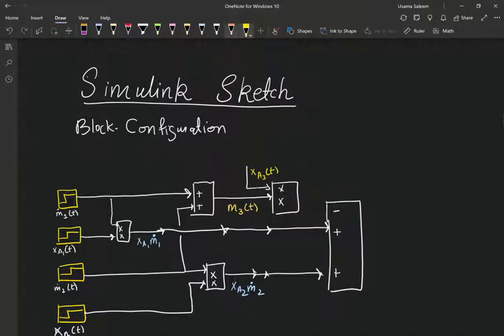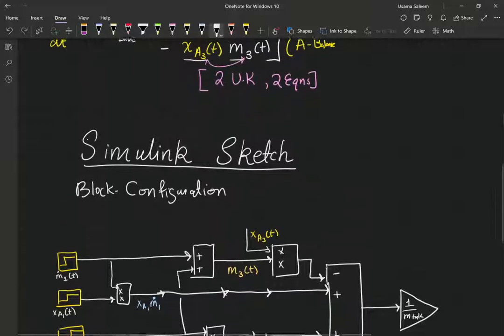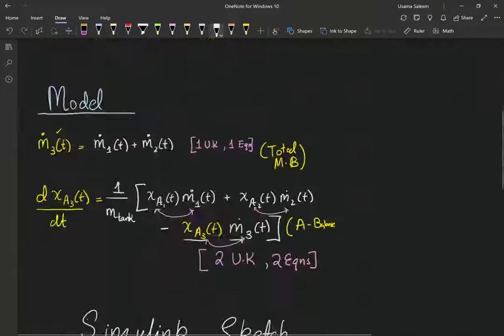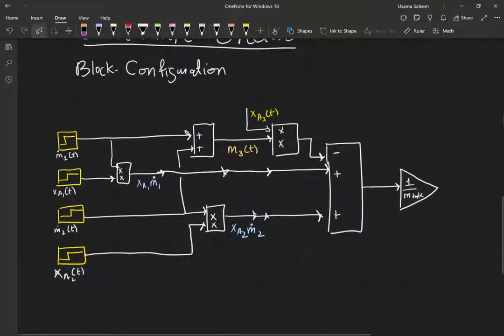And this right here, we divide by the mass of the tank. I forgot what the mass of the tank was, but that's not going to be much of a problem.